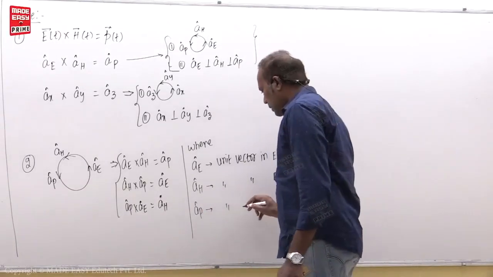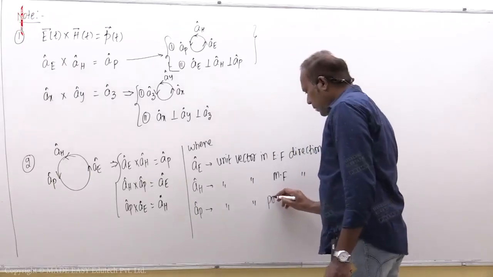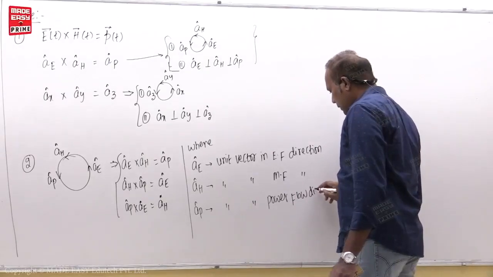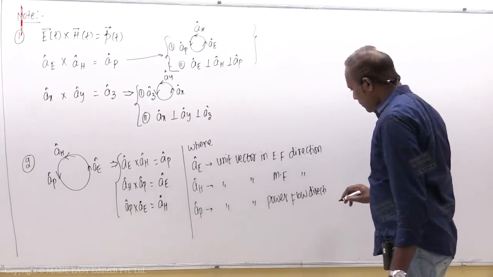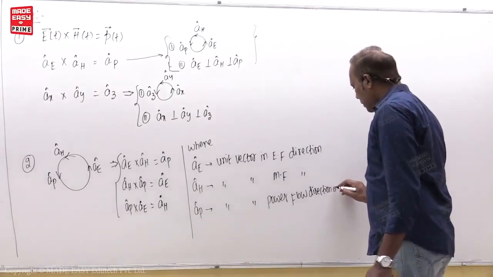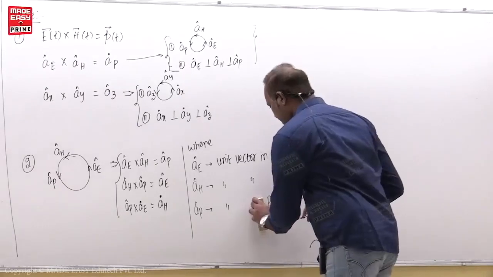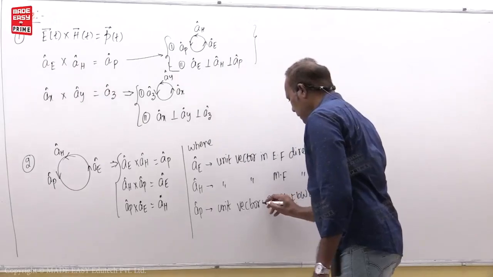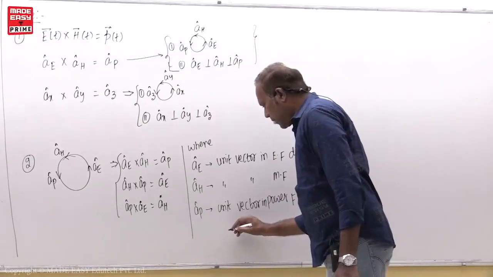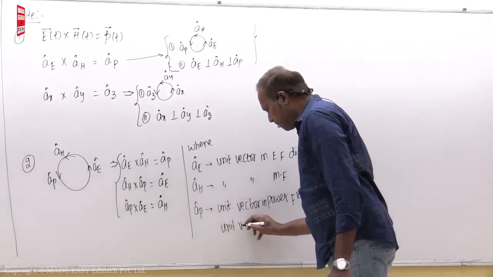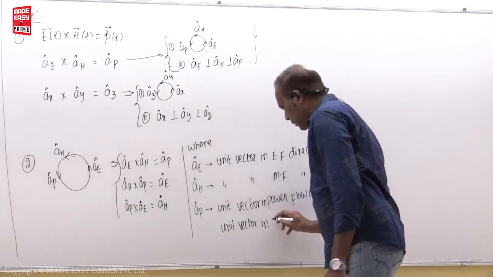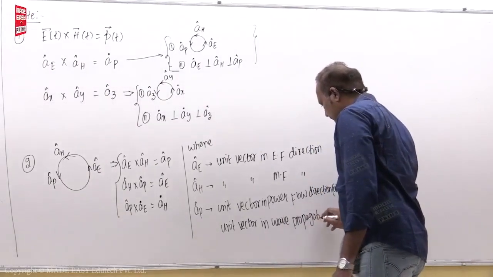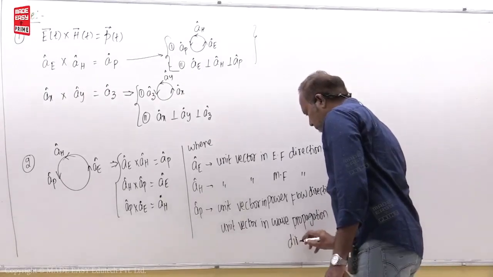AP cap means unit vector in power flow direction, or otherwise unit vector in wave propagation direction.